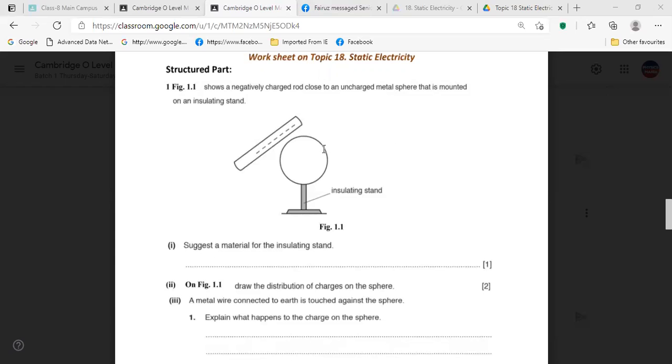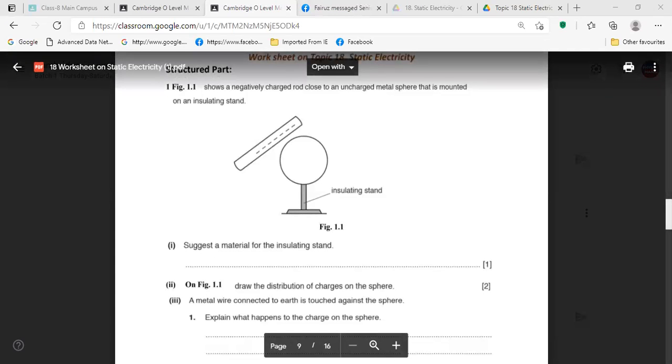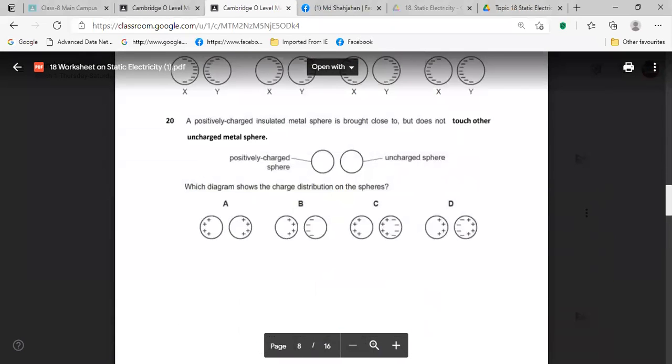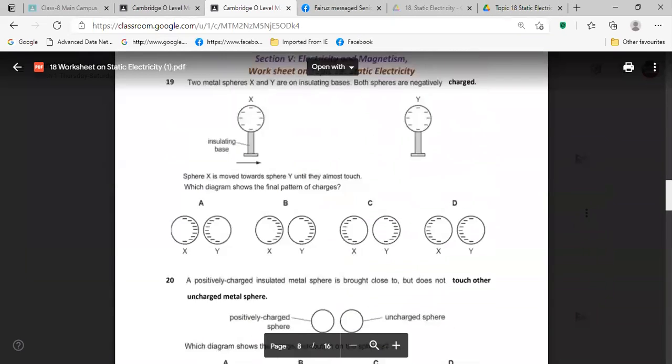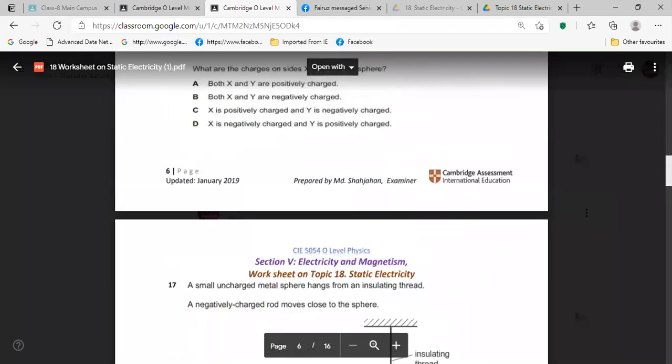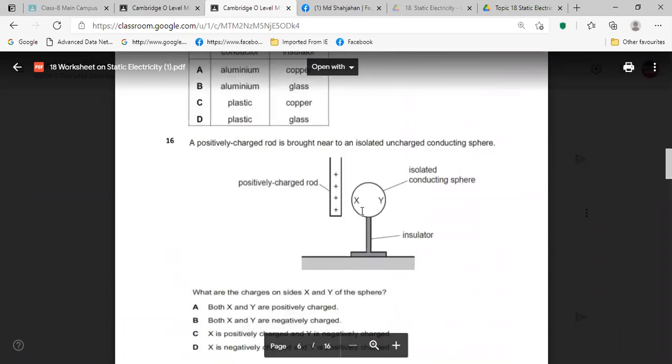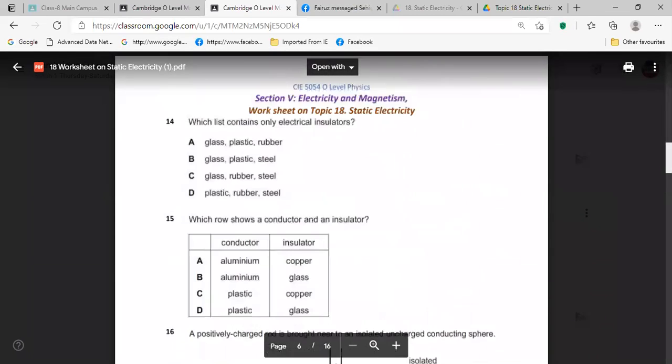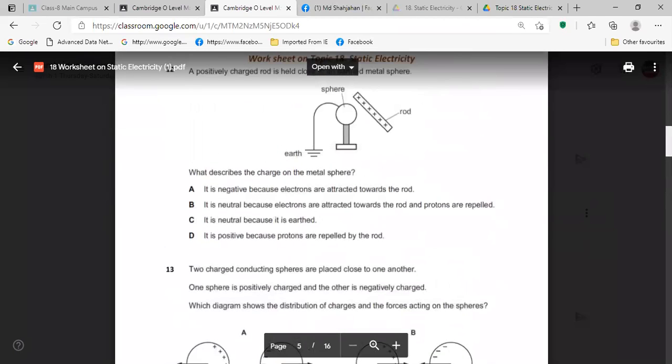Okay, so it's the same idea you got here, right? All these questions have the same idea. This question, then this question, we got this same idea. Here we got the same idea.